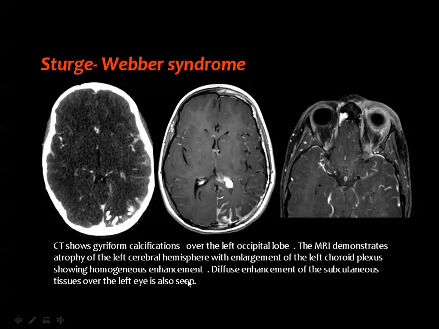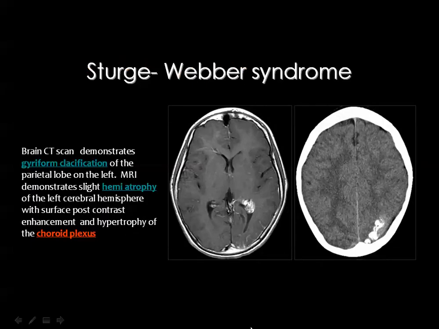And this is also a case of Sturge-Weber syndrome by CT and by MRI. And the CT shows the classic gyral calcification in the occipital area. The MRI will show enhancement corresponding to this vascular abnormality and the enlargement of the choroid plexus, which may show homogeneous contrast enhancement, as you can see.